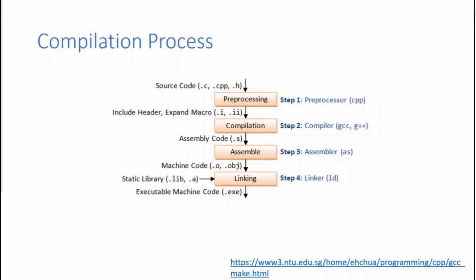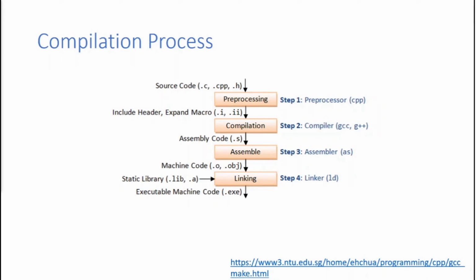The first step that the source code goes through is the pre-processing stage. In this stage, the preprocessor obeys commands that begin with a hash. The preprocessor starts by removing the comments, expanding the macros, and expanding the included files.